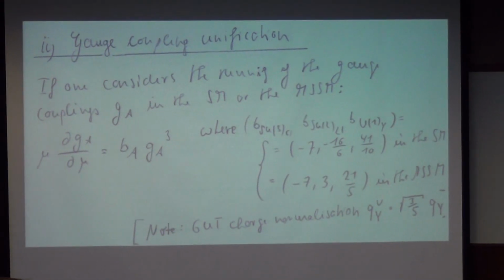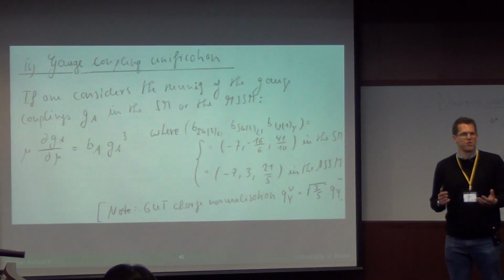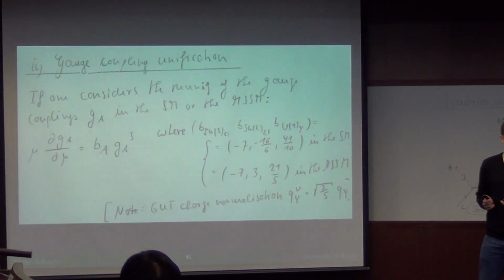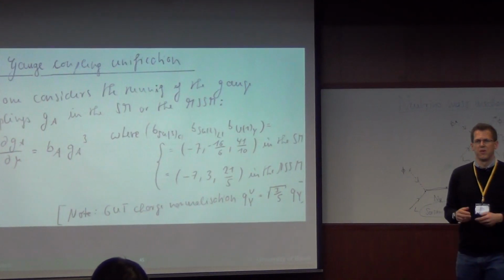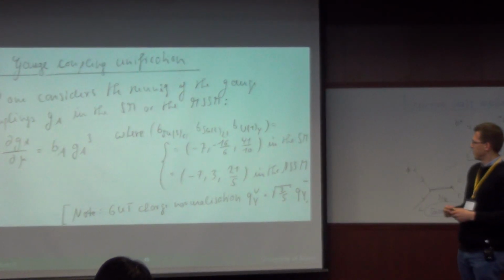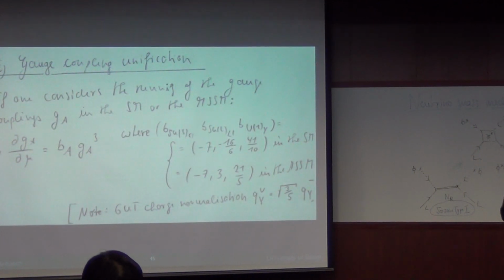So this means you can then identify the generators of the symmetries of the standard model with parts of the generators of your big grand unified theory group, and you have the possibility to unify standard model interactions.